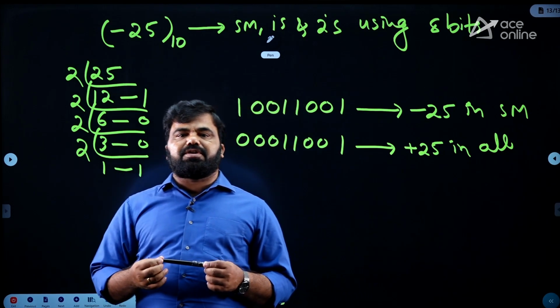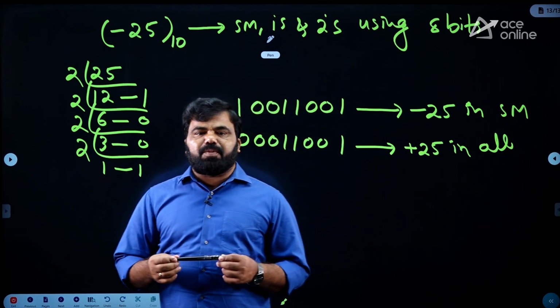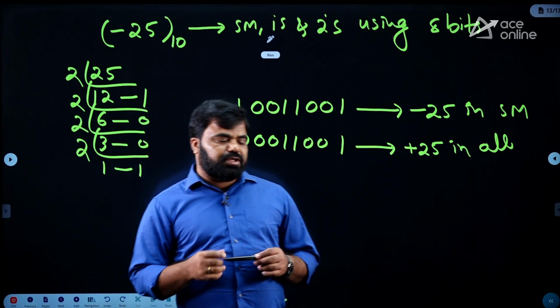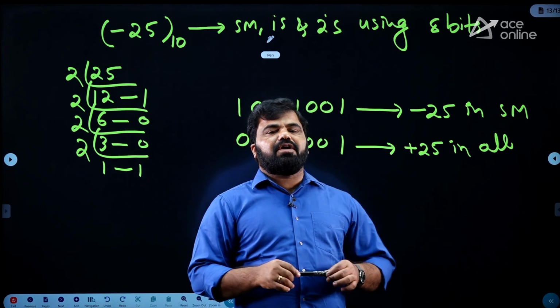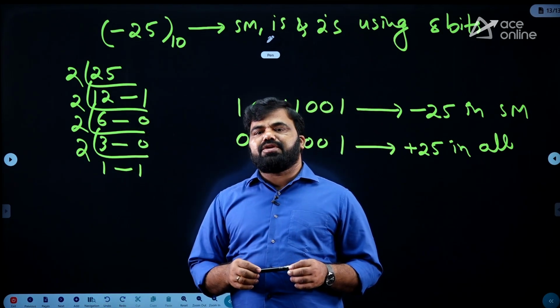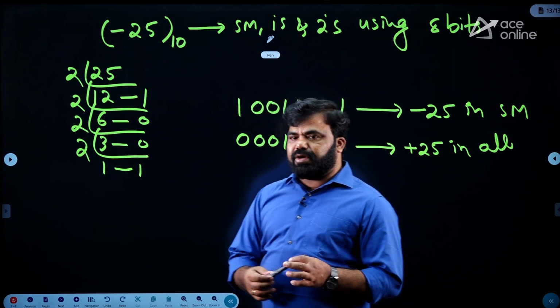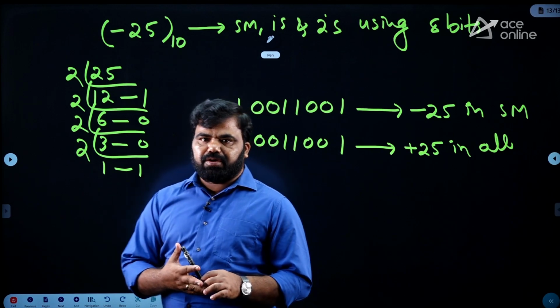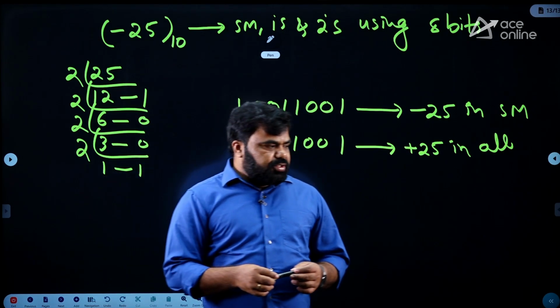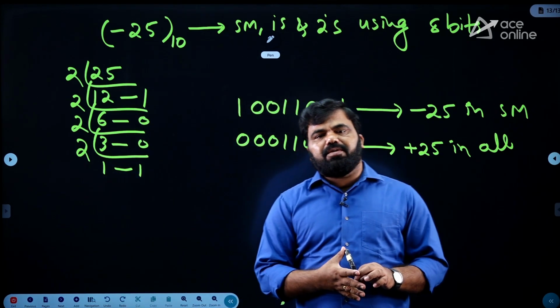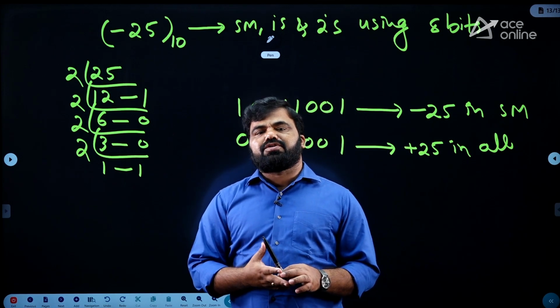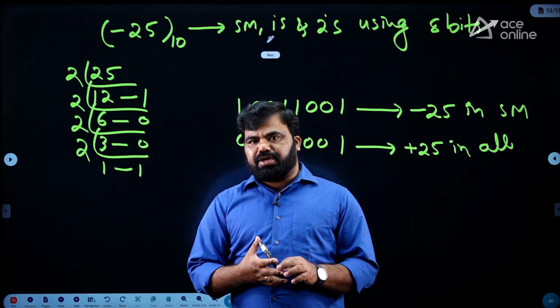MSB 0 means the number is positive, MSB 1 means the number is negative. Second, all positive numbers' representation is the same in signed magnitude, 1's complement and 2's complement representation.